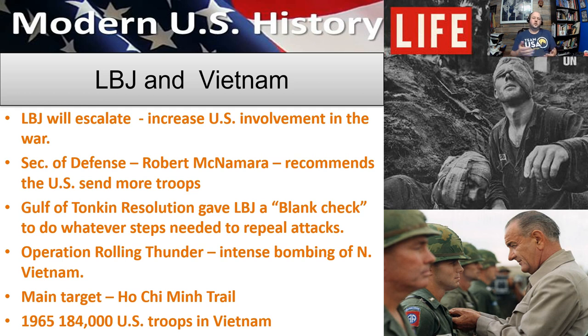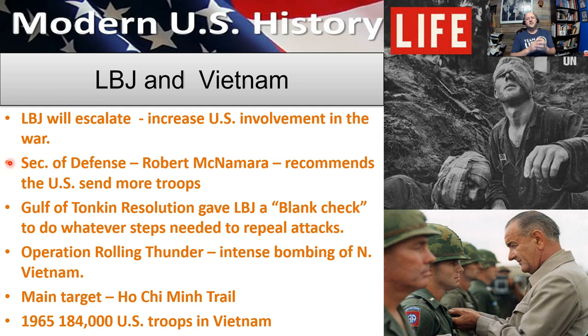Before he's involved, we've got 16,000 military advisors over there, we're flying helicopter and airplane missions. We're pretty well involved, but that's going to escalate much, much more under President Johnson. So yeah, LBJ is going to escalate this war, meaning he increases the United States involvement in the war.